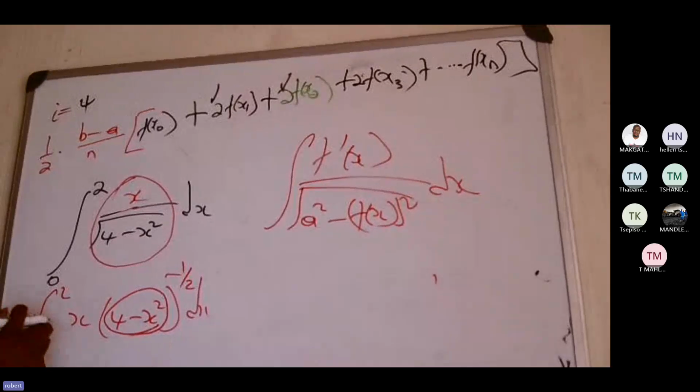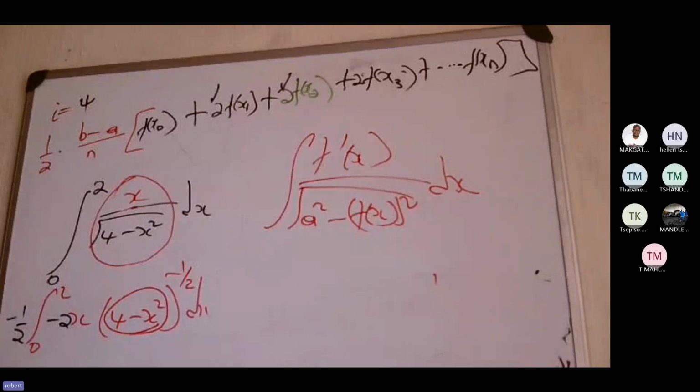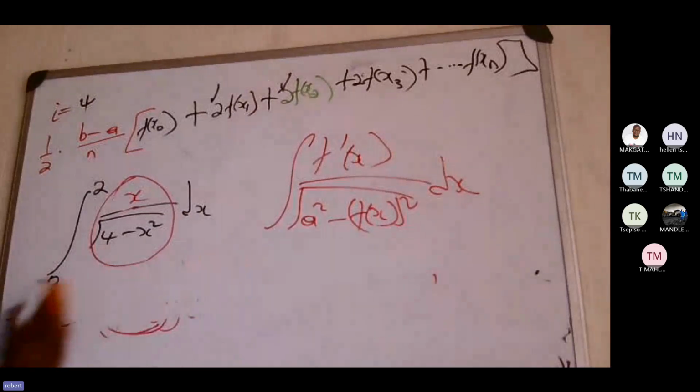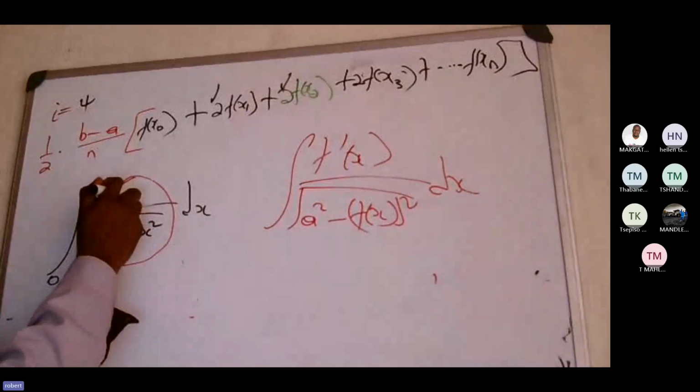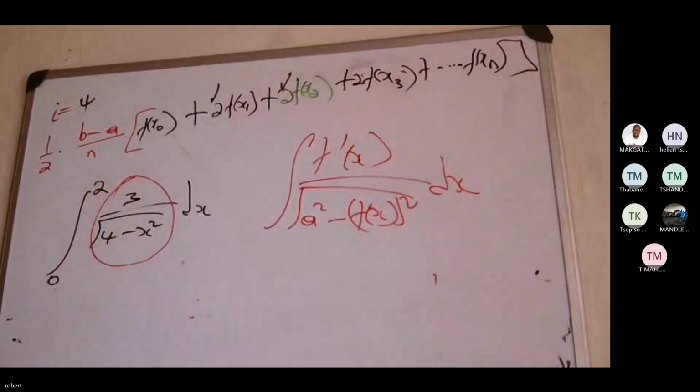Then you just have to write minus 2 here and cancel it outside. From there, use the right side of the general power rule. Hopefully that makes sense.